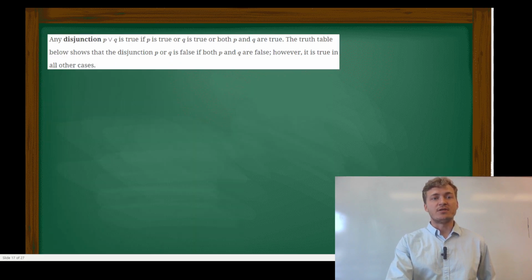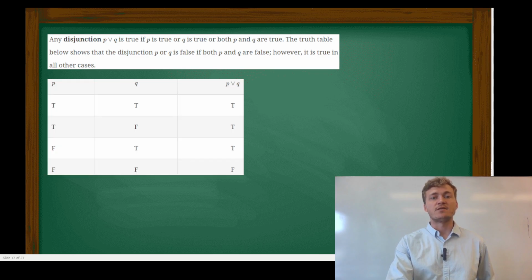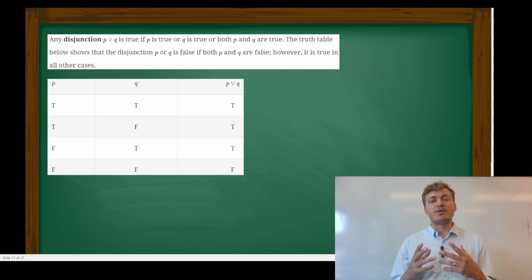Any disjunction is true if P is true, or Q is true, or if both P and Q are true. The truth table below shows that the disjunction P or Q is false if both P and Q are false. However, it is true in all other cases. Once again, if we're taking 2 statements and combining them, whether using a disjunction, conjunction, conditional, or biconditional, we're going to get 4 outcomes.